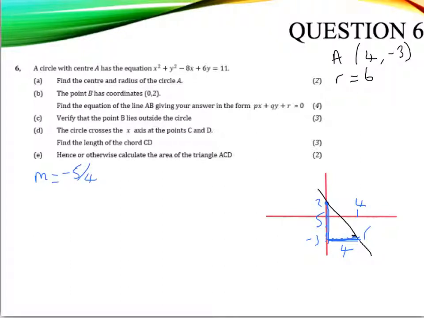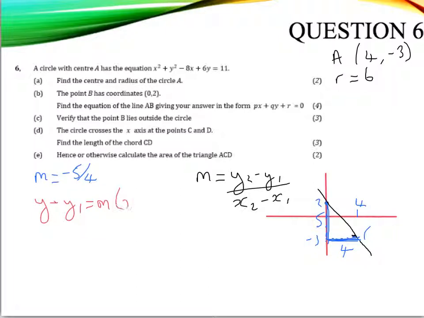And of course you can always use the m equals change in y over the change in x formula if you prefer. I don't really mind whichever way, either pictorially or algebraically, whichever way is going to get you the marks. Okay, so we know this. Now we can use our y minus y1 formula. So y minus y1 equals m(x minus x1).